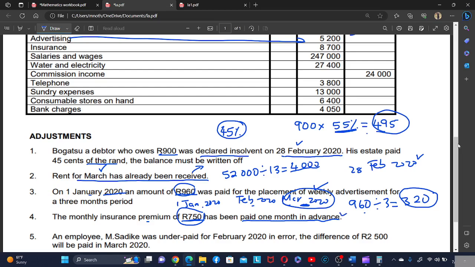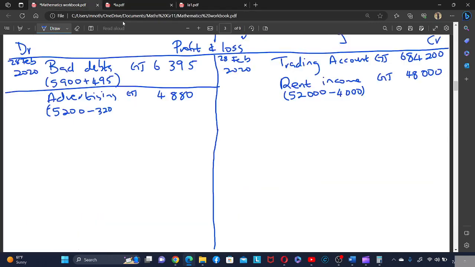Actually, this is called a prepaid expense, when the business pays for the expenses of the next financial year. Even this one is a prepaid expense. But you can go to the video where I've explained the prepaid expense, then you'd get a better explanation of the prepaid expense, where the business pays for the next financial year. Okay, so we paid the insurance of the next financial year. The insurance is 8,700.